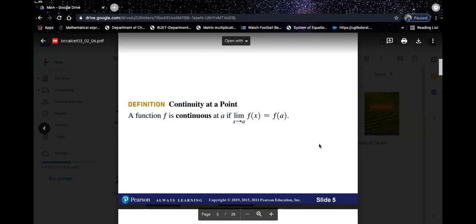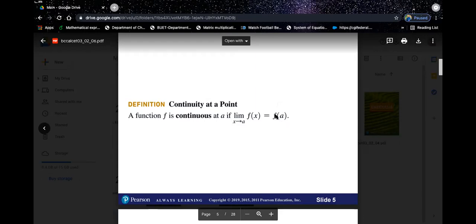Okay, so the definition says a function is continuous at a point A, where A is a constant, if the limit at that point equals the functional value at that point. That means in maths, we write this: limit as x approaches A, f of x equals f of A. f of A is the functional value at A, right?